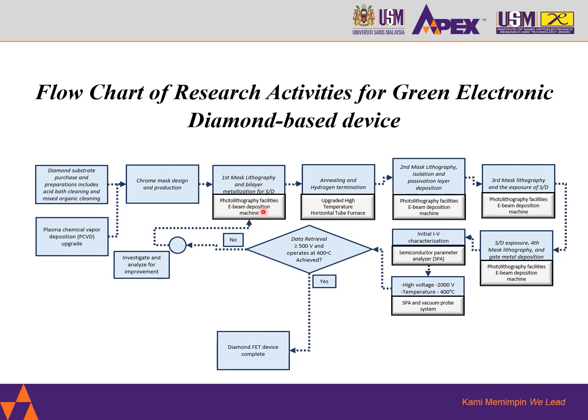Using what machine, followed by the annealing and which machine was used, followed by the second step of photolithography and passivation layer. What is the machine used for the lithography, followed by the exposure, what is the machine, and the first characterization using which machine, and then what are the requirements.